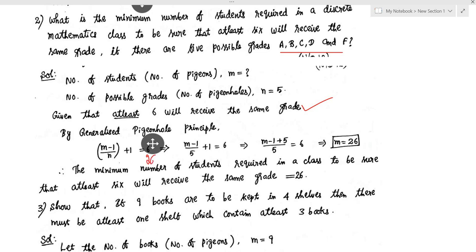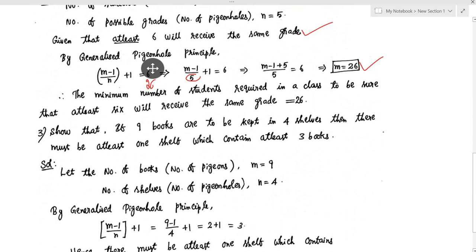We know that n value is 5 here. So replace the denominator with 5. And if we take LCM and cross multiplication, you will get m is equal to 26. Therefore, the minimum number of students required in a class to be sure that at least 6 will receive the same grade is 26.